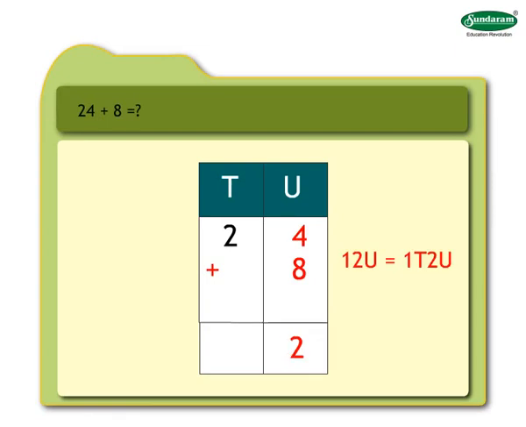The 2 units are written in units place, and 1/10 is carried over to tens column. In tens place, we have 2 plus carried over 1/10, which is equal to 3/10. Hence, 24 plus 8 is equal to 32.